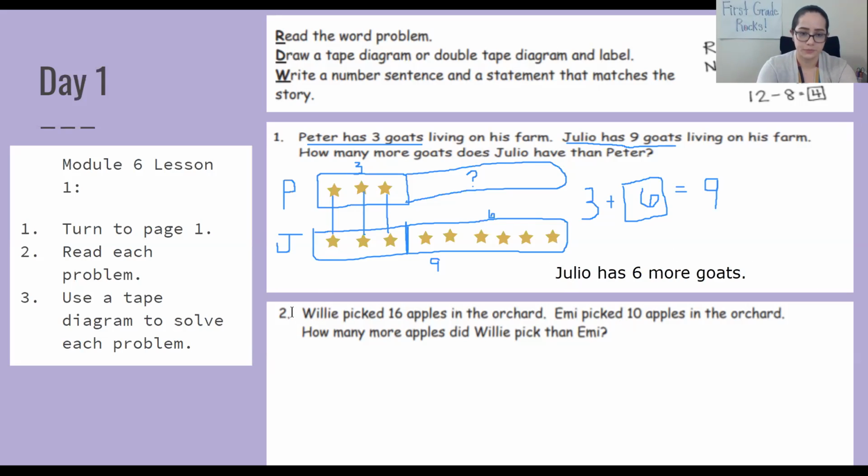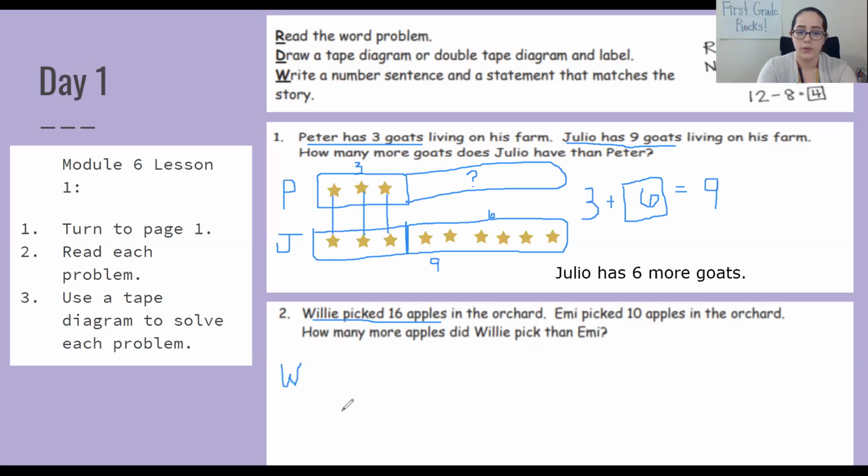Number 2, Willie picked 16 apples in the orchard. Emmy picked 10 apples in the orchard. How many more apples did Willie pick than Emmy? So I'm going to go back to my first sentence. Willie picked 16 apples in the orchard. I can draw his 16 apples. So I'm going to label this W for Willie.